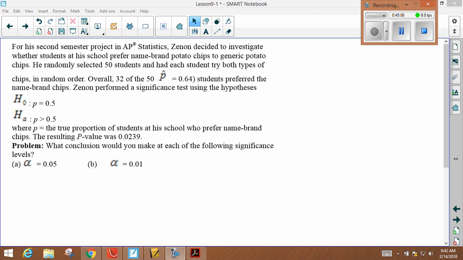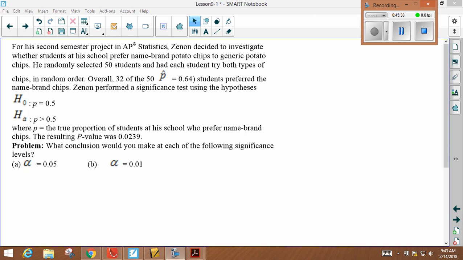He wants to know if kids like name brand potato chips, or if they prefer them over generic potato chips. He's randomly selected 50 students. Great, so he's got a simple random sample, and had each try both types of chips in random order. Overall, 32 of the 50, so we got a p-hat value of 0.64, preferred the name brand potato chips.